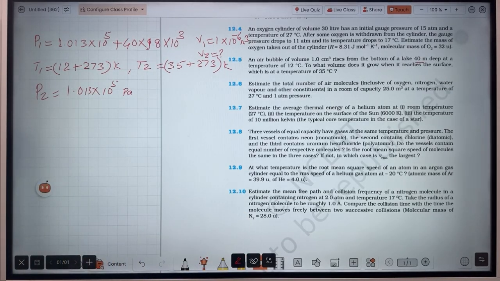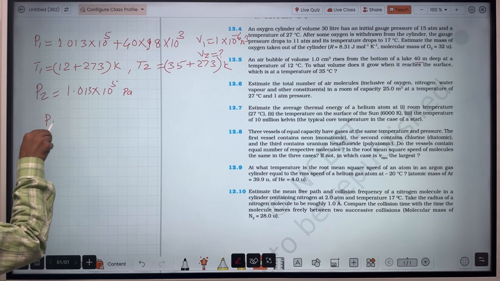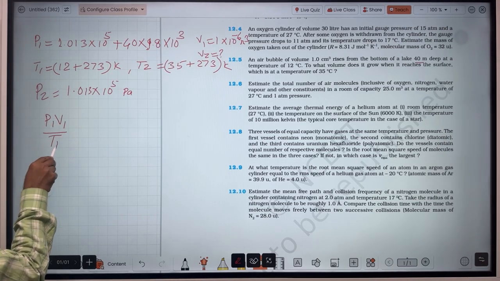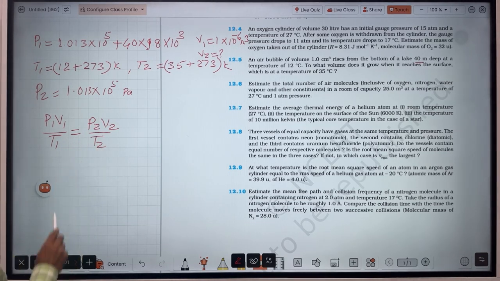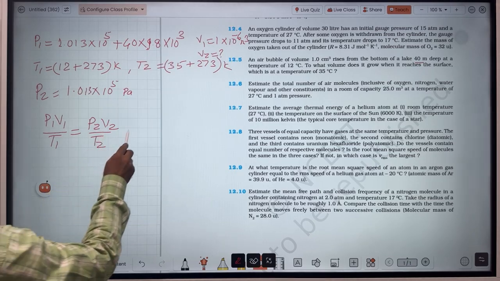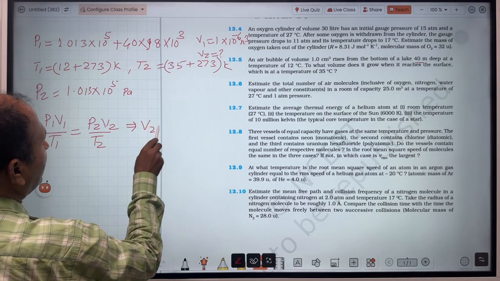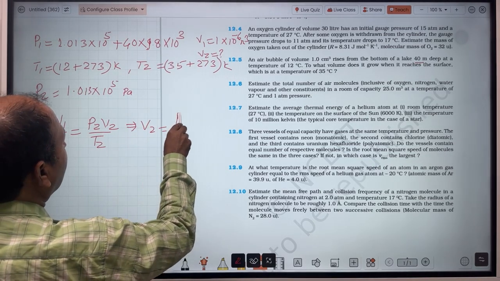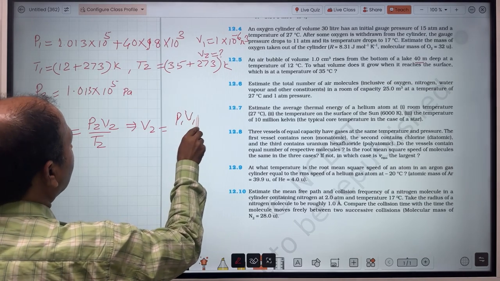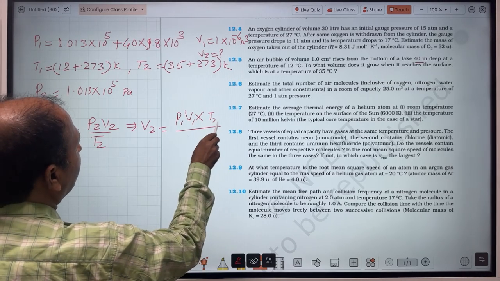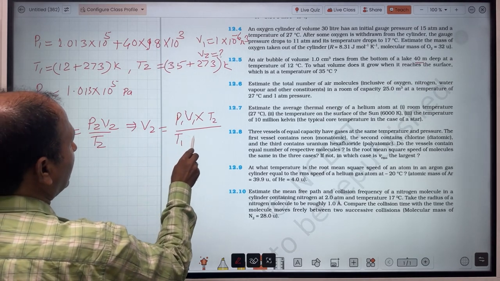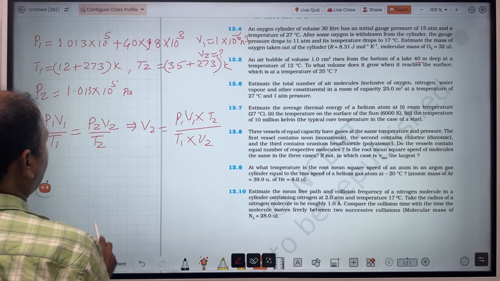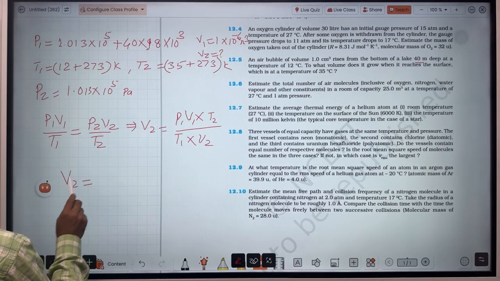So we can easily evaluate, we can apply the formula P1 V1 divided by T1 equal to P2 V2 divided by T2. Our concern is to get V2, so we can write V2 equal to P1 V1 into T2 divided by T1 into P2. So let's write the values.